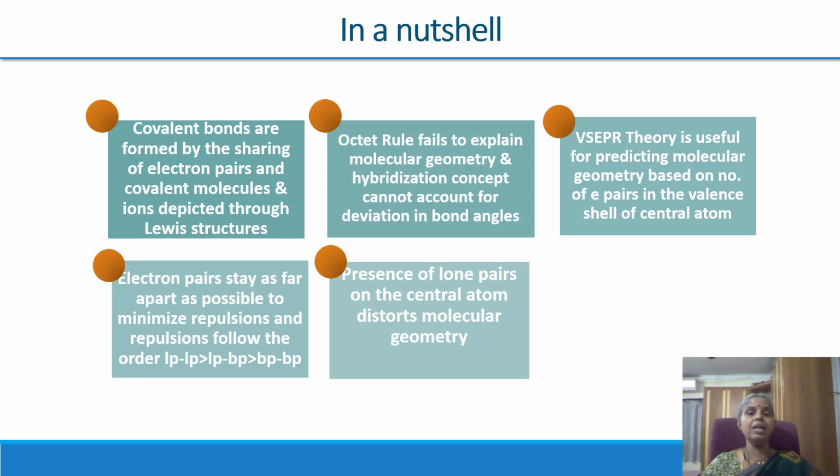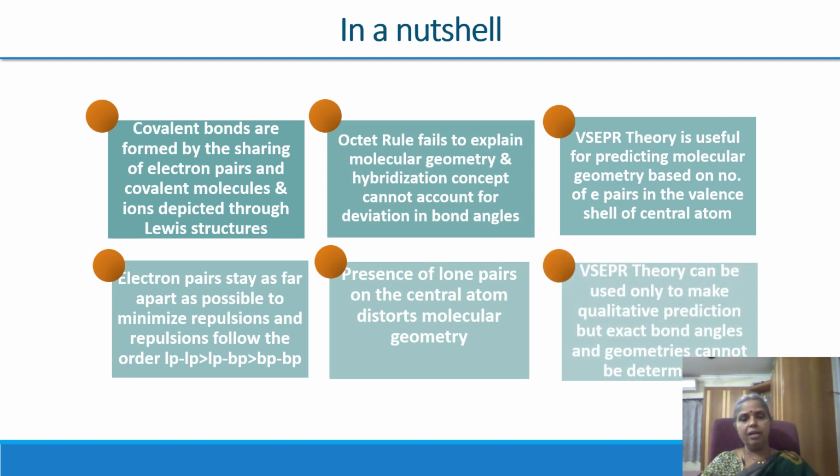We have also learnt that the presence of lone pairs on the central atom distorts molecular geometry and results in deviation from the expected bond angle. And VSEPR theory can be used only to make qualitative predictions, but exact bond angles and exact molecular geometries cannot be determined by this theory.